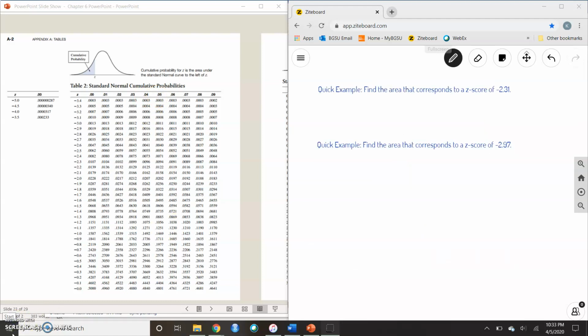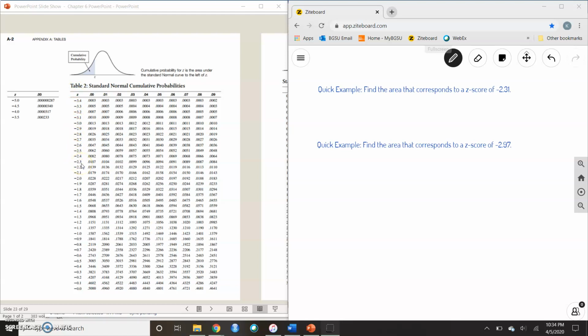Okay, so to illustrate how this works, or to get you familiar with using this table, let's look at these two quick examples. The first example, we want to find the area that corresponds to a z-score of negative 2.31. Here, the number before and after the decimal is negative 2.3. So in this first column, I'm going to be looking for negative 2.3, which is right here.